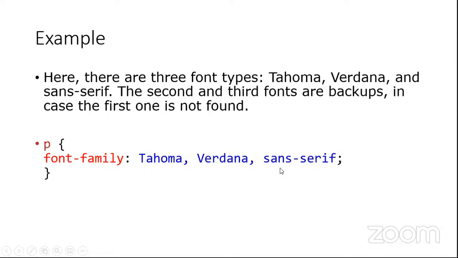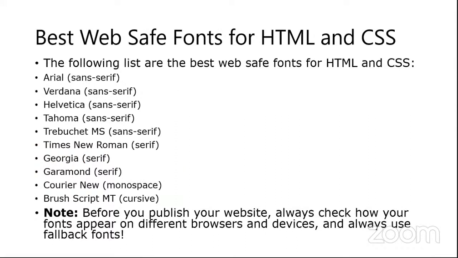So this is the example of a fallback web safe font. Okay, so best web safe fonts for HTML and CSS. The following list are the best web safe fonts for HTML and CSS. So this is the list of web safe fonts for HTML and CSS: Arial, Verdana, Helvetica, Tahoma. So these all are the fonts we can use.